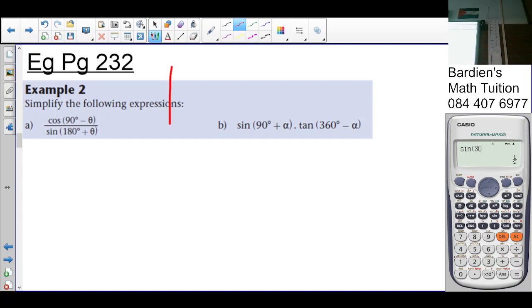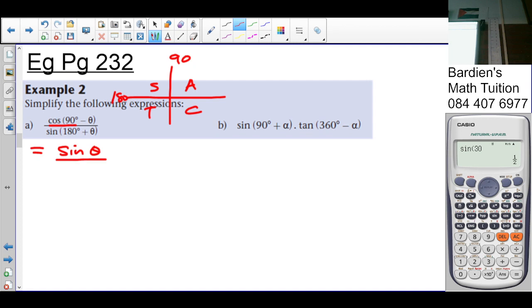Alright, so here we go. Cos of 90 minus theta. Which quadrant is that in? The first quadrant. Is cos positive or negative? Positive. What does it change to? Sine.